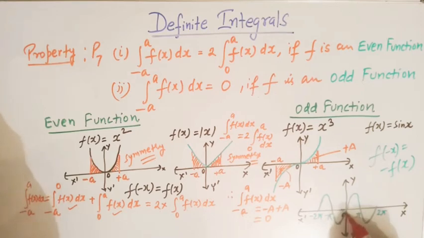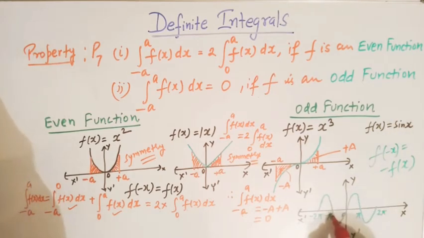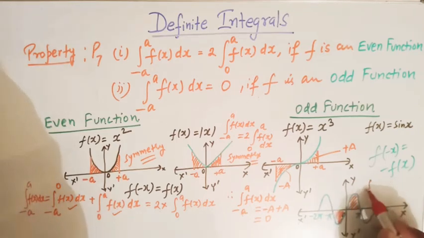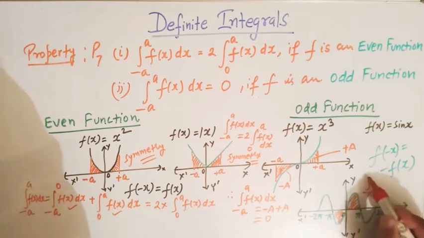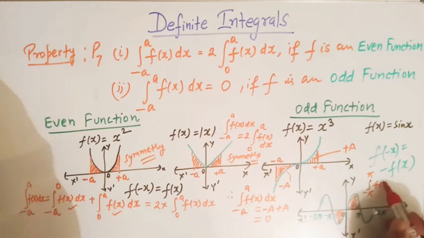Now here, if we take the sine curve and suppose we want to find this area and this area, that is from minus pi to pi. See, we want to find the area from minus pi to pi and f of x dx, right?